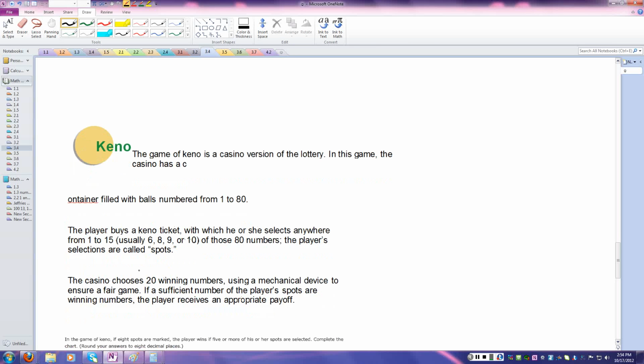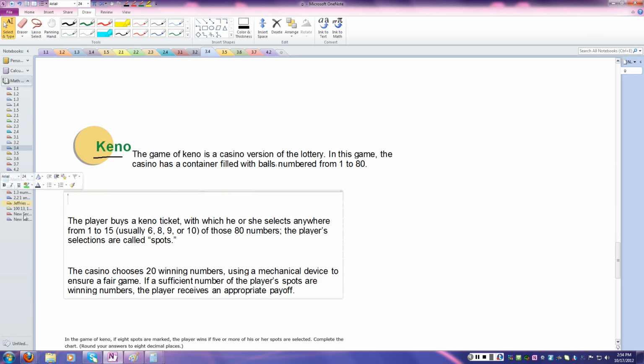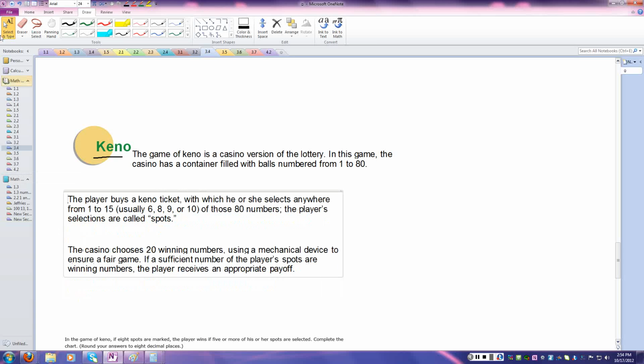The next thing that might come up on WebAssign would be Keno. This is a game generally played in the casino, and it has a board that has 1 to 80 spots on it.